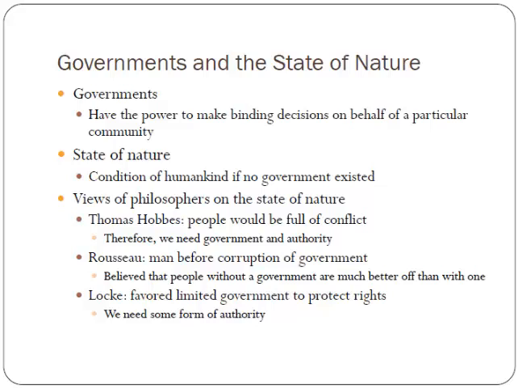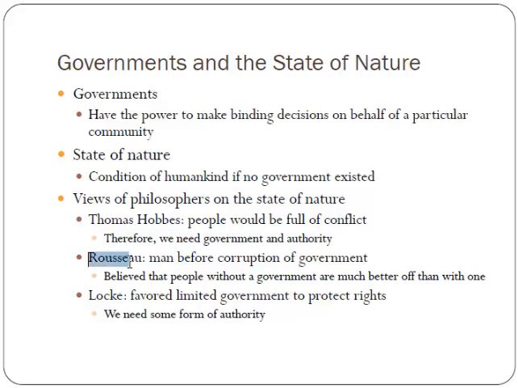Throughout history, there have been various philosophers who have determined what they think would happen if there were no government. Some of the most famous ones over here, Thomas Hobbes was the famous social contract person who essentially said that if there would be no government, people would kill each other and maim each other and steal from each other, and that wouldn't be good, and therefore we need government and authority.